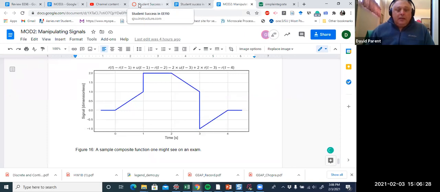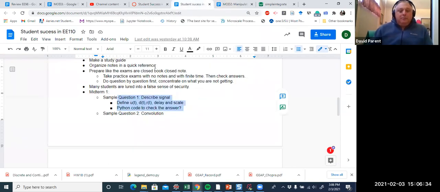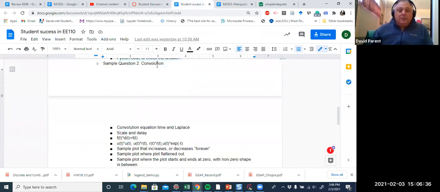Okay, that's pretty good. But then there is another plotting problem buried in here, and it's something called convolution, which we'll go over later. Essentially, convolution is when you take a signal like a step, a ramp, a sine wave, and you put it into a system, and then you mathematically find what the output is.